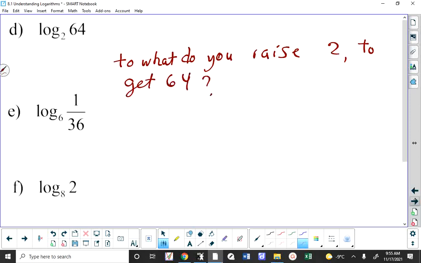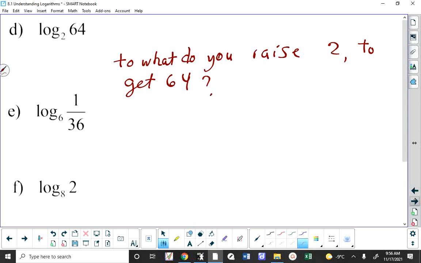That's what log base 2 of 64 is equal to. And you know, at this point, I would rather you just play around with your calculator and figure it out. 2 to the what? Because some of you have calculators that you can enter in log base 2 of 64, and it will spit out the answer of, I believe, 6. Is it 6? But if you've discovered that already, I don't want you doing that.